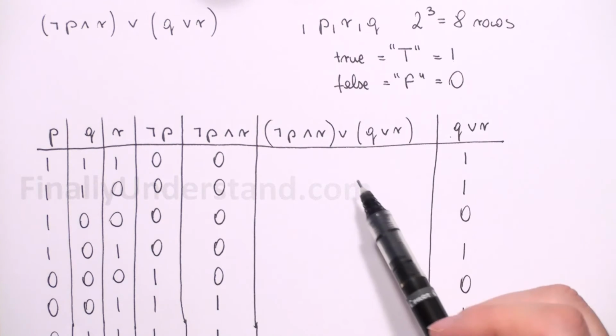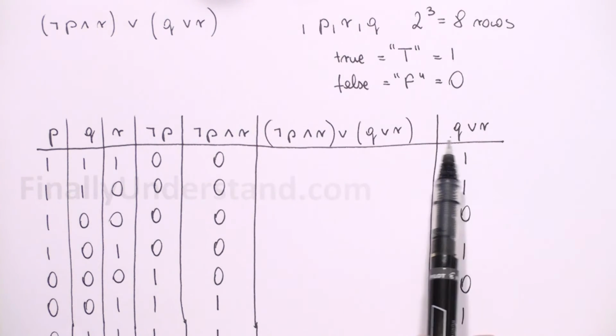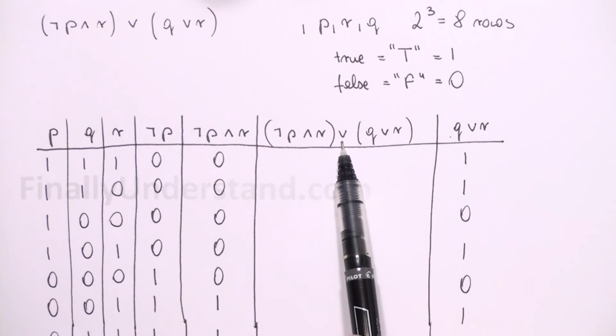Now between these 2 statements we have the symbol OR. So again we have disjunction. This disjunction is false only when both statements are false.